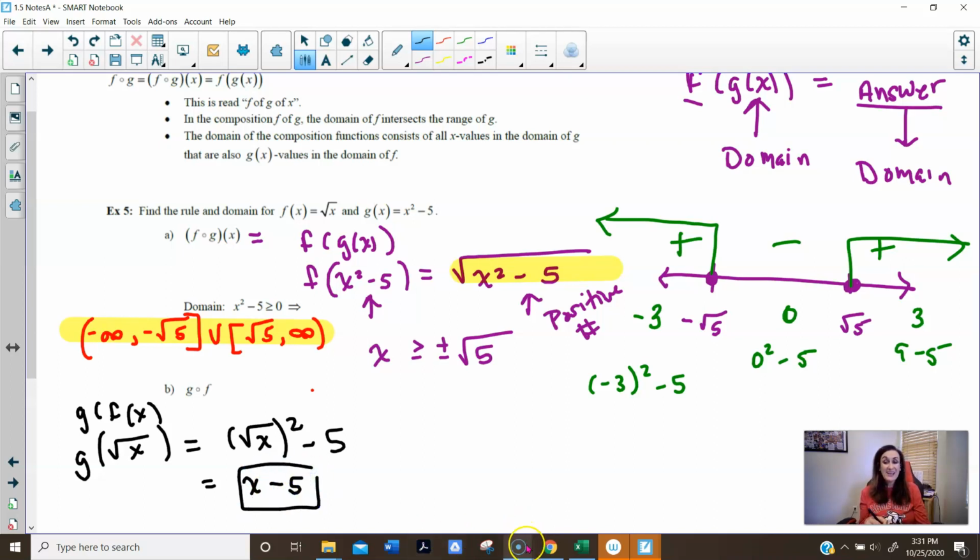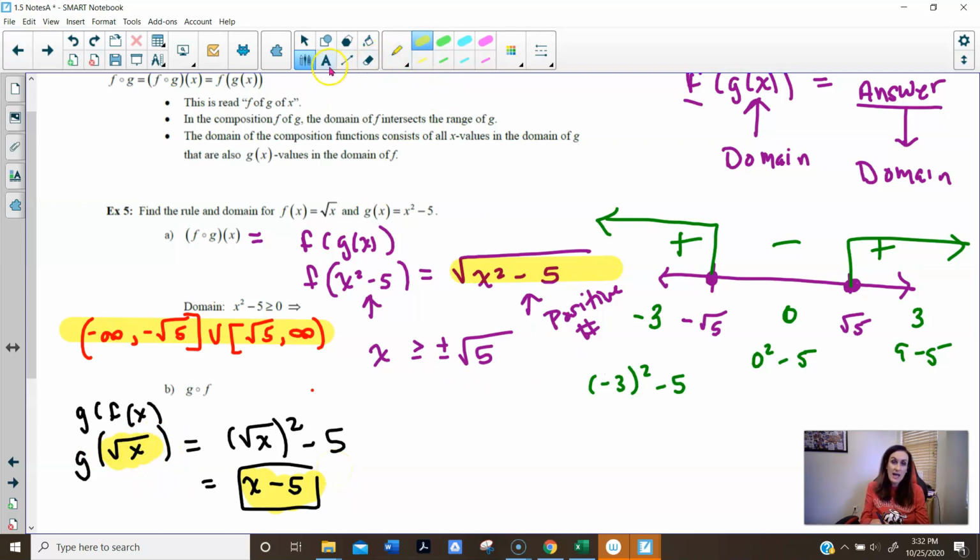Now, for the composition function's domain, I have to look at the domain of my input and the domain of my output. Now, my input, x, has to be a positive number here because it's underneath the radical, and I can't have a negative underneath that radical.